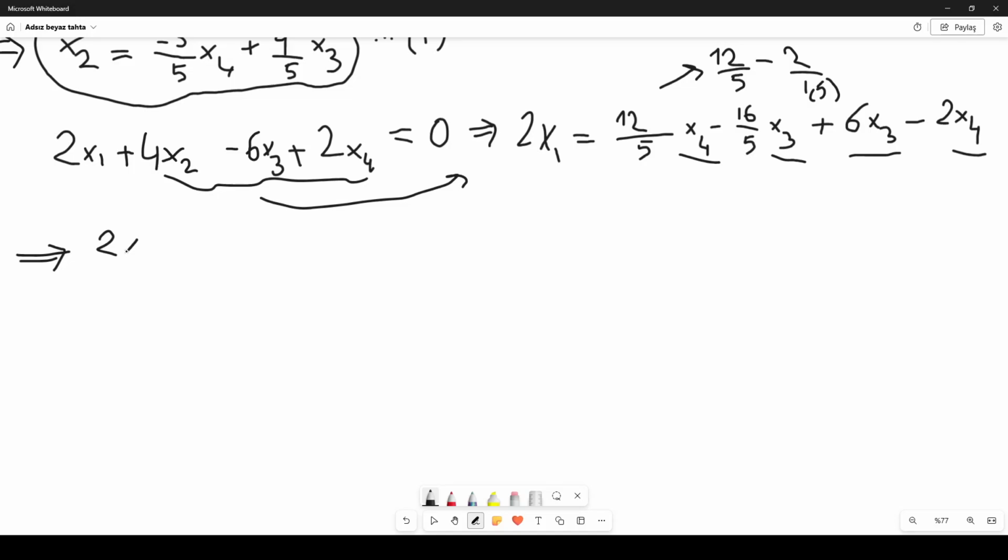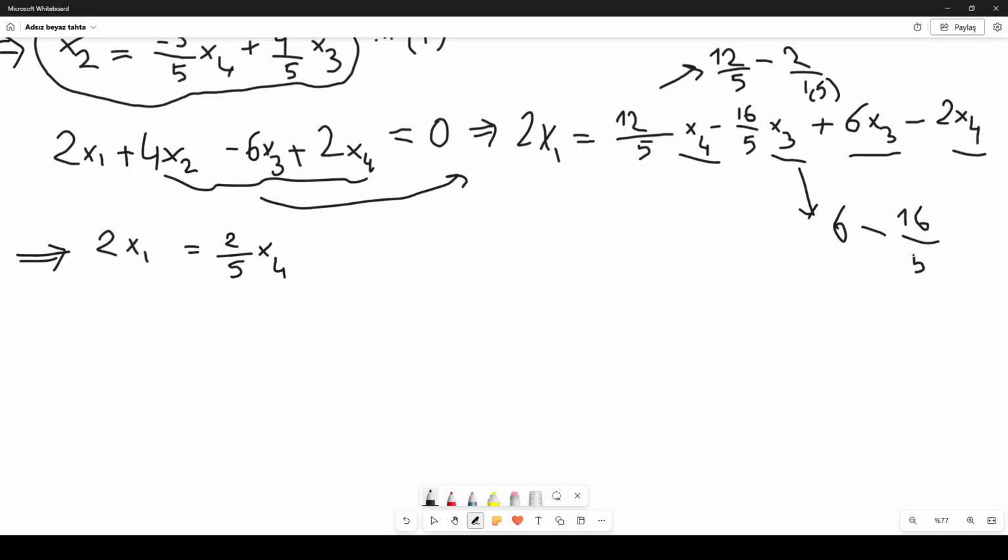So 2x1 is equal to 2 over 5 x4. For x3, we add the coefficients 6 minus 16 over 5.